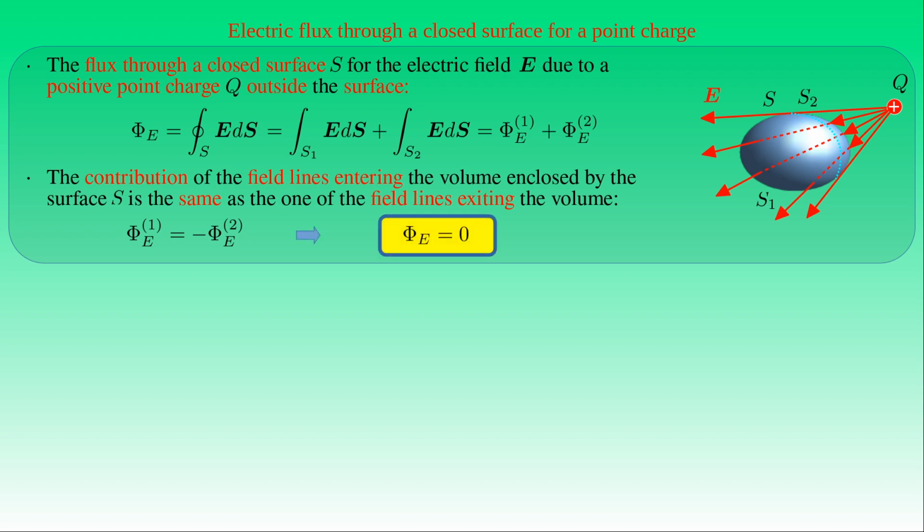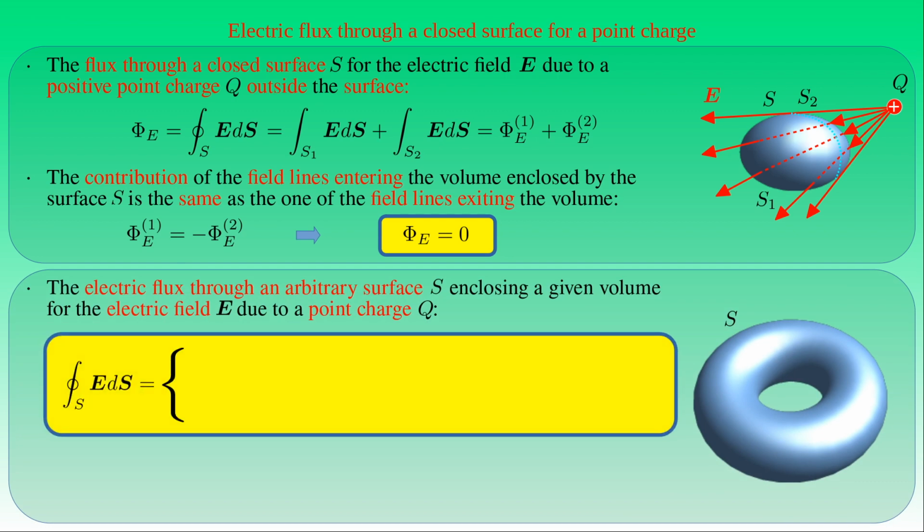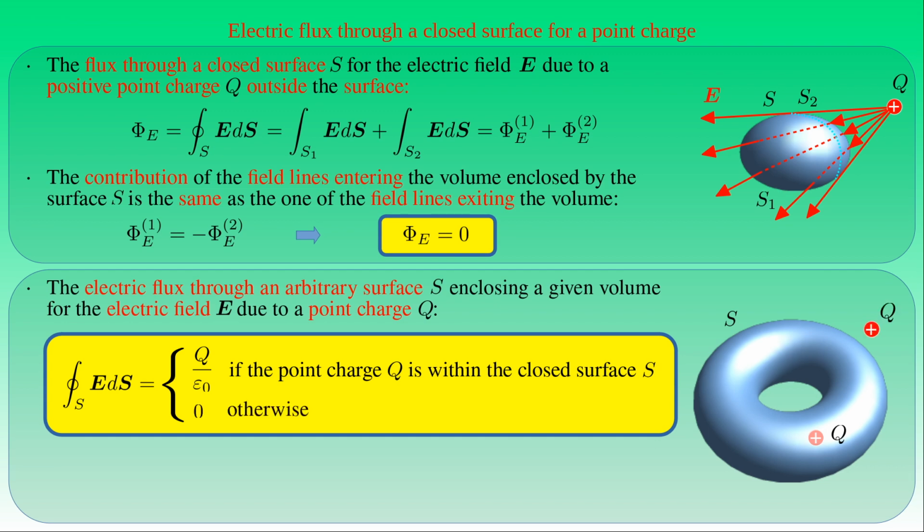Now we conclude that the electric flux through an arbitrary surface S enclosing a given volume for the electric field E due to a point charge q is determined by the integral of the electric field strength E over the surface, and it is equal to q over epsilon naught, if the point charge is within the volume enclosed by the surface, and 0 otherwise, that is the point charge q is outside the closed surface.